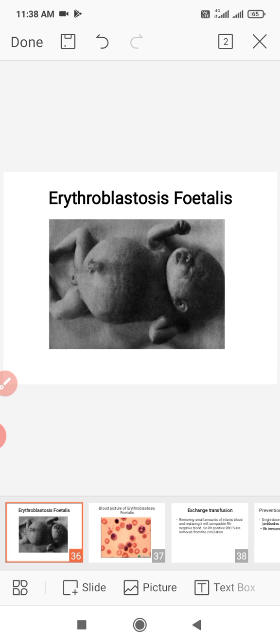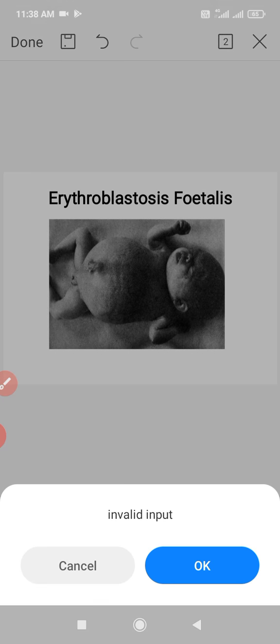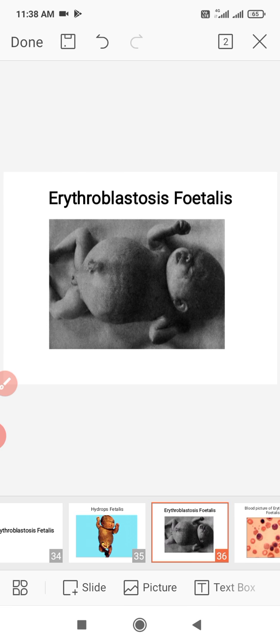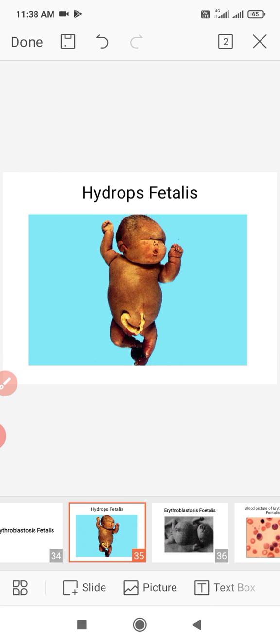The baby born with this condition, hydrops fetalis, erythroblastosis fetalis, you can see, has severe anemia, jaundice, a blood picture of erythropoiesis. Kernicterus and hydrops fetalis are the symptoms.